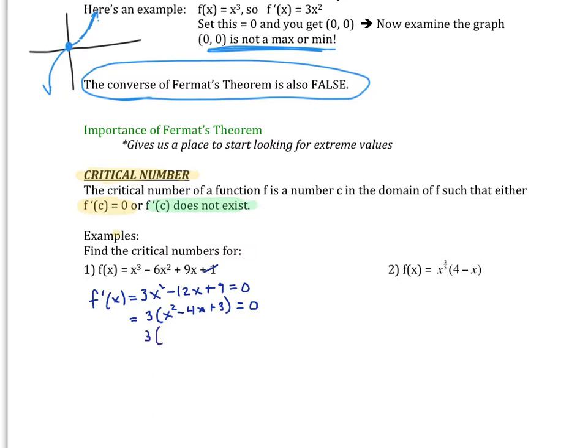This is going to be x plus 3, x plus 1, so x plus 3 when I factor it, times x plus 1, and this equals 0. And so then I get 2 points here. X equals negative 3 and negative 1, and these are my critical numbers that I solved for. Okay, let's do the second one.